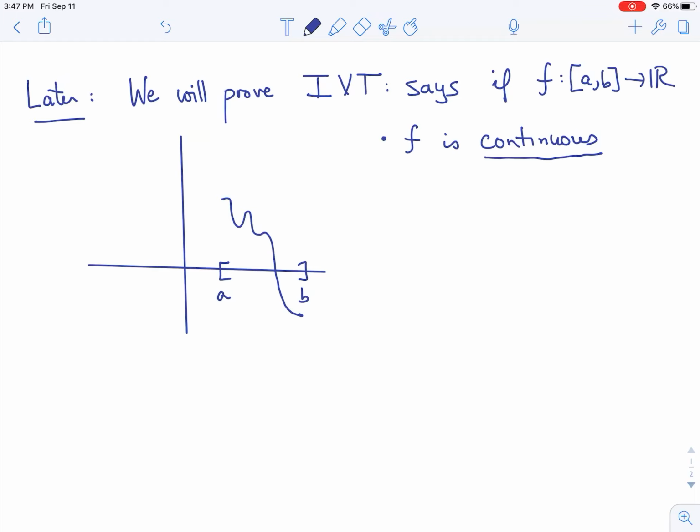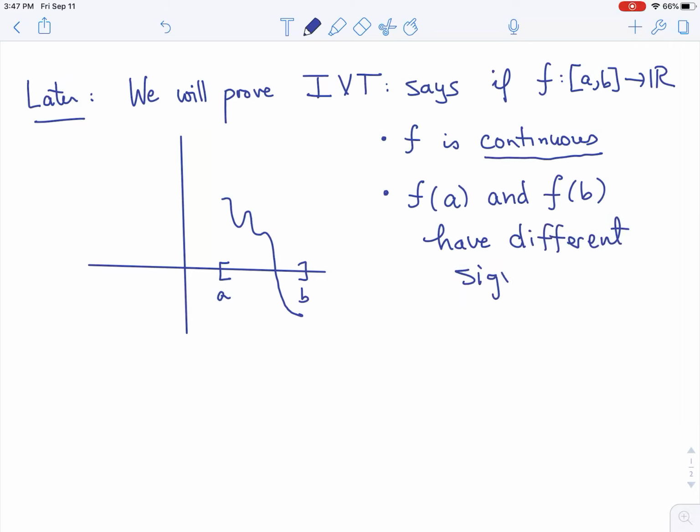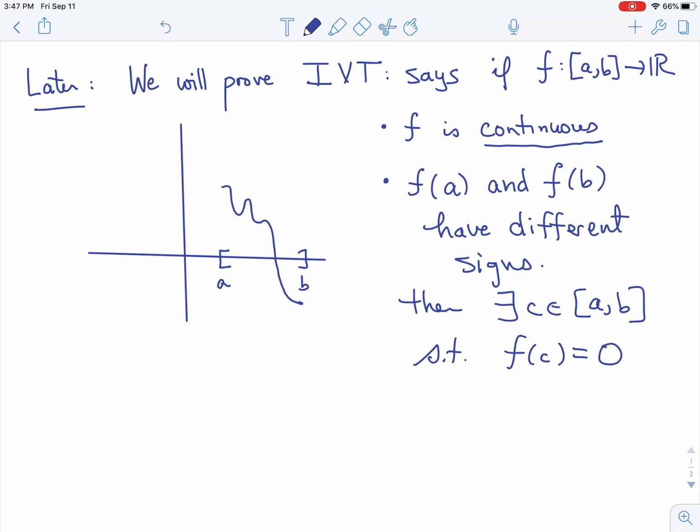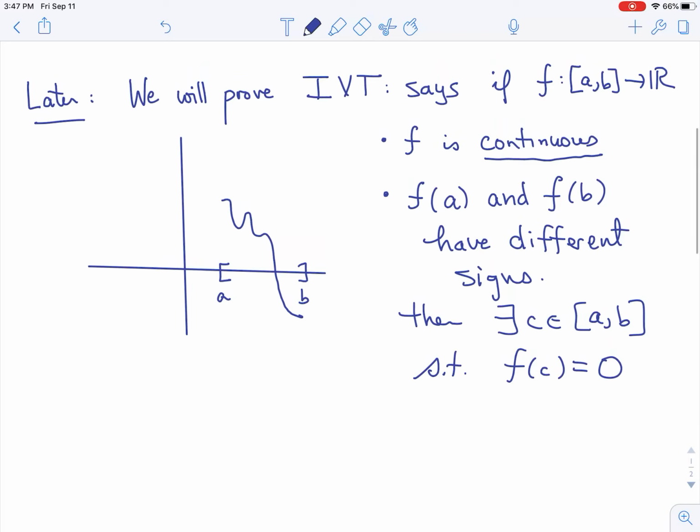And we're going to say that if f of a and f of b have different signs, meaning one of them is positive, one of them is negative, then there must exist some point in the middle such that f of c equals 0.